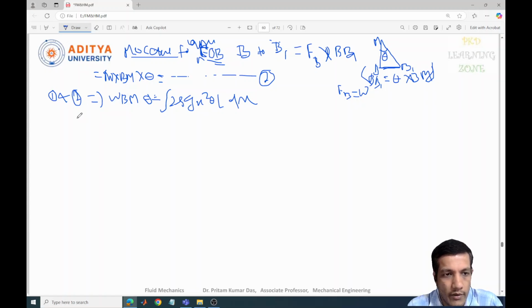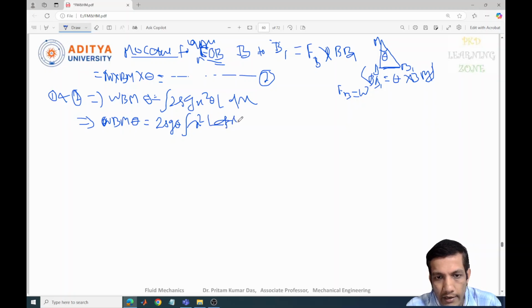Now again let me write this. W BM theta, let's take the constant terms outside: 2 rho g theta integration x square L dx. So theta will be cancelled.